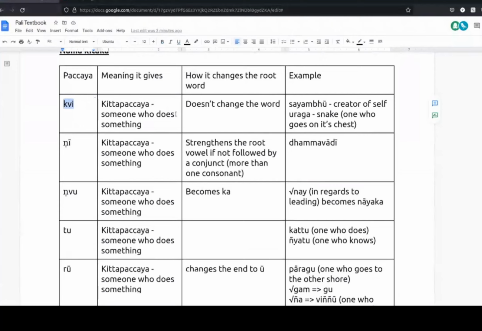Gui is the name for a suffix that does nothing. So with using this chart, look at this column to really find out what sort of thing you're doing to the root. With this one, you don't do anything. You take the root and you stick it on the end and you make a noun.